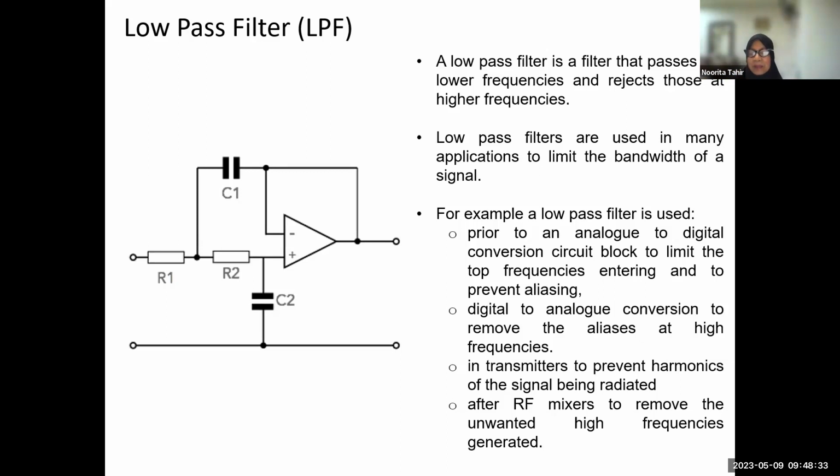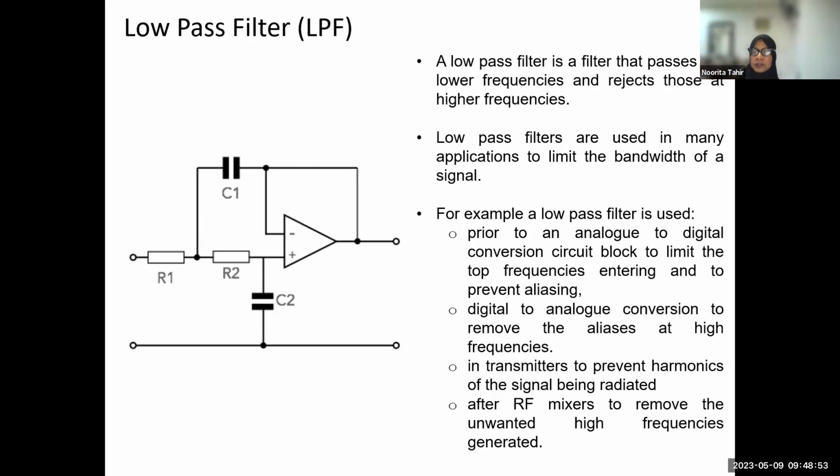Where do we use a low pass filter? One example is in the analog to digital conversion circuit block, where it limits high frequencies from entering, to prevent aliasing. You will look into this when you go for your digital system.